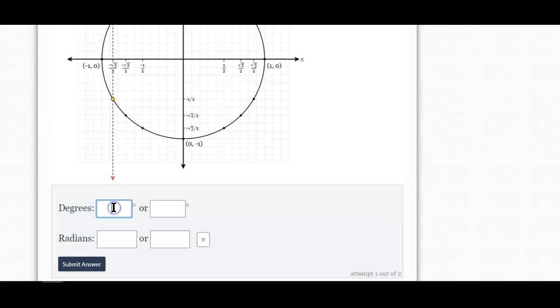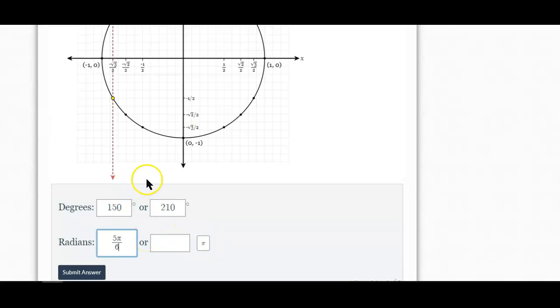They are 30 degrees above 180, which would be 150, and 30 degrees beyond 180 would be 210. It is 5 pi over 6, and down here would be 7 pi over 6.